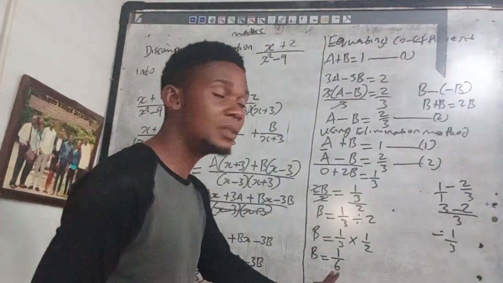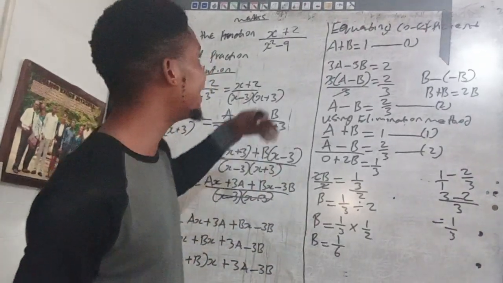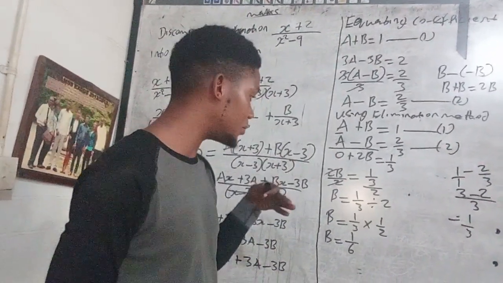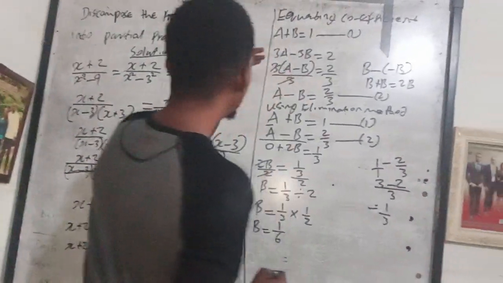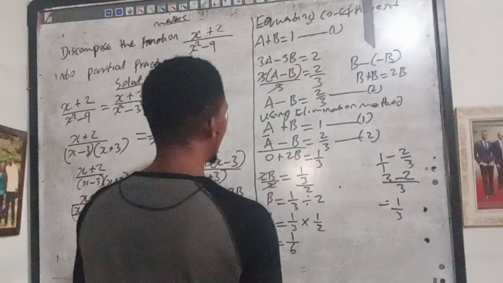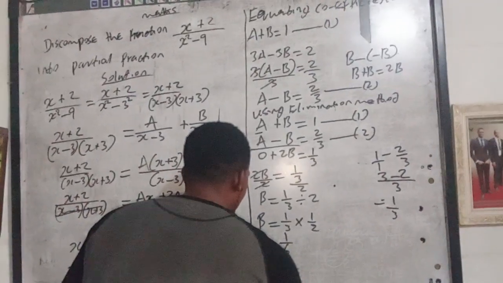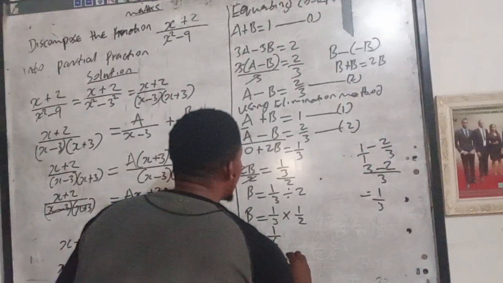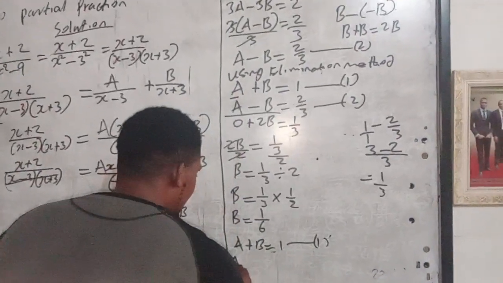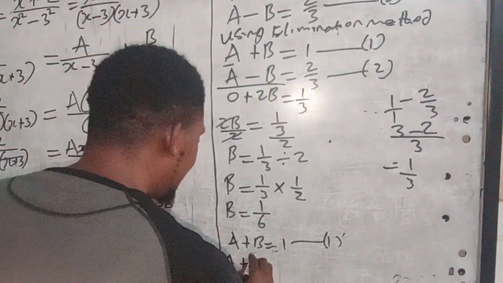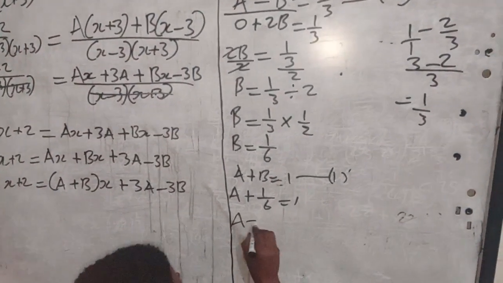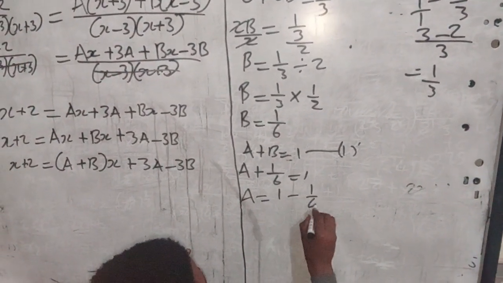Now we have gotten b. We now go and get a in any of the equations. If you use equation 1 or equation 2, you will still get the same answer. So let's use equation 1. From equation 1, we have that a plus b will give us 1. We have a plus, our b is 1 over 6, equals 1. We have that a will now give 1 minus 1 over 6.